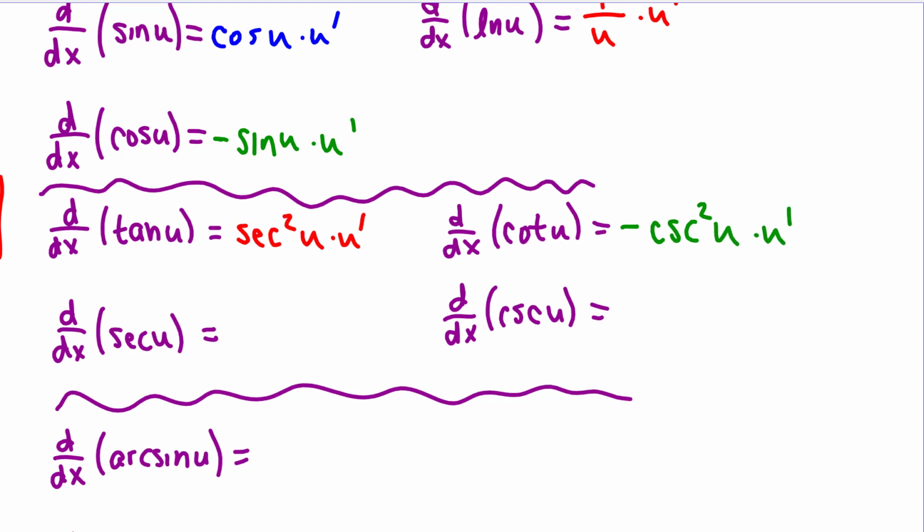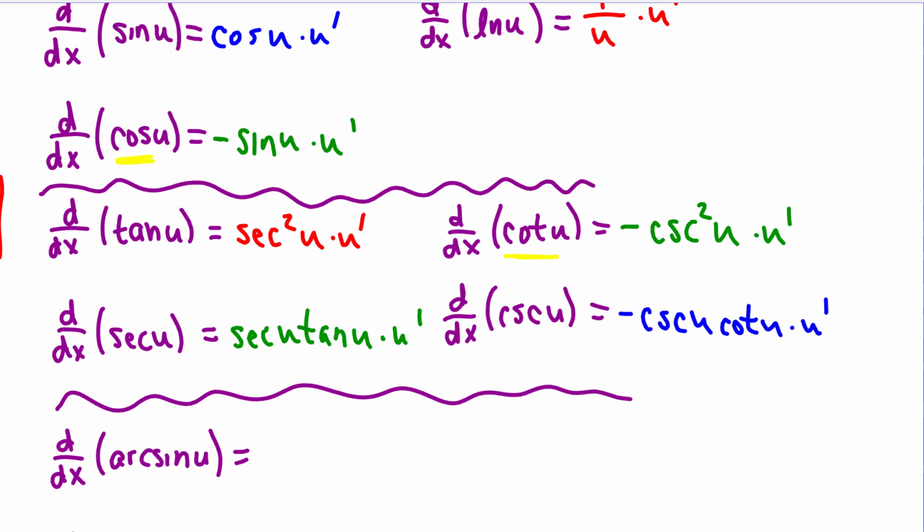And if you notice, cosine and cotangent have negative derivatives, any of the cofunctions will have negative derivatives. The derivative of secant u will be secant u tan u times u prime. And the derivative of cosecant u will be negative cosecant u cotangent u times u prime.